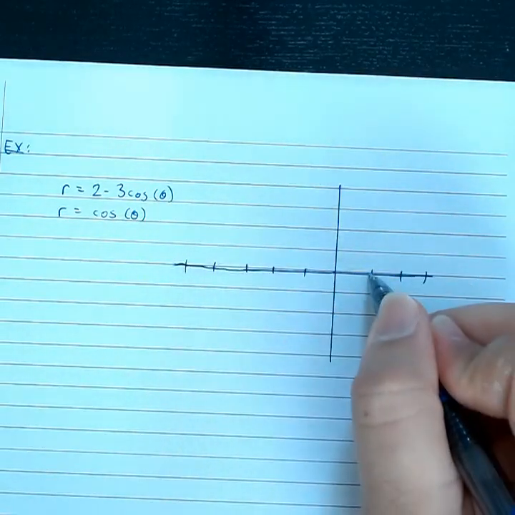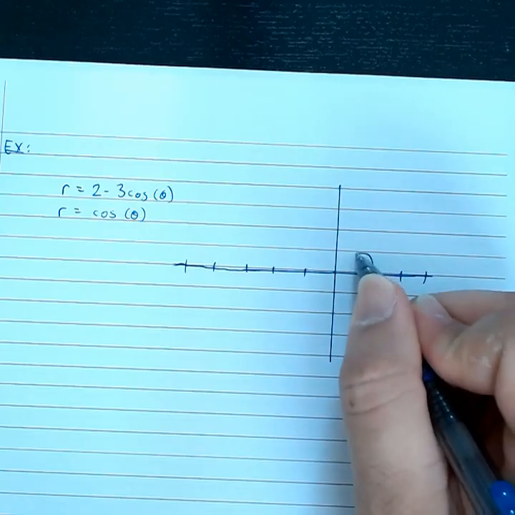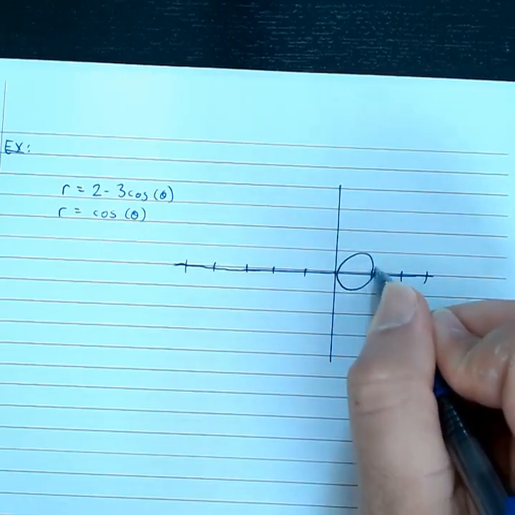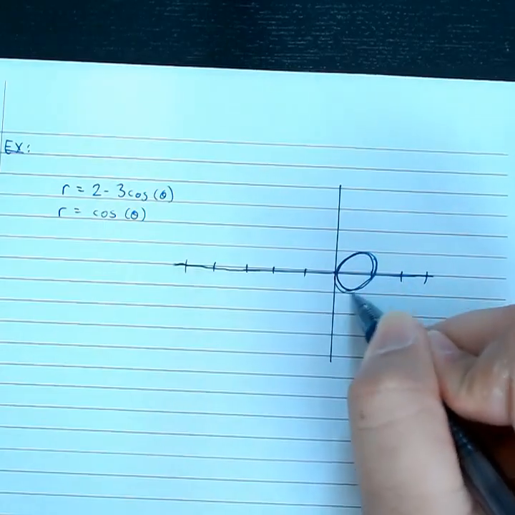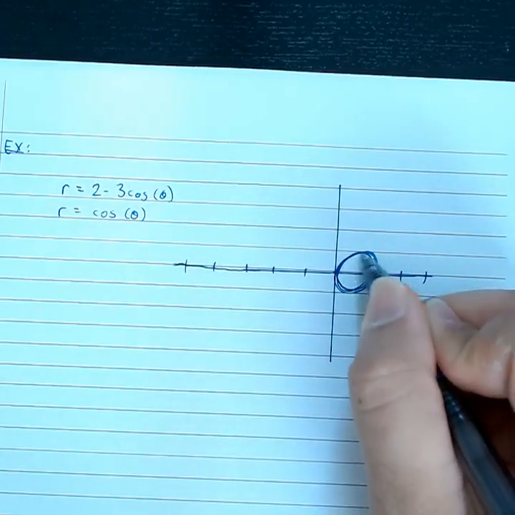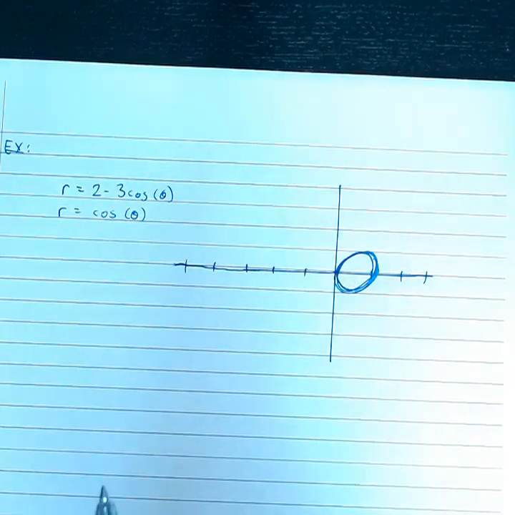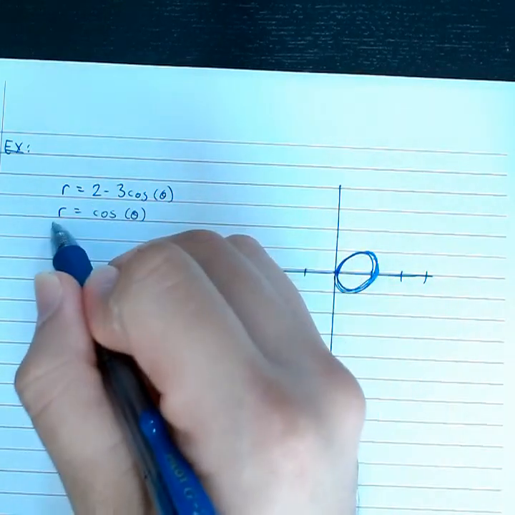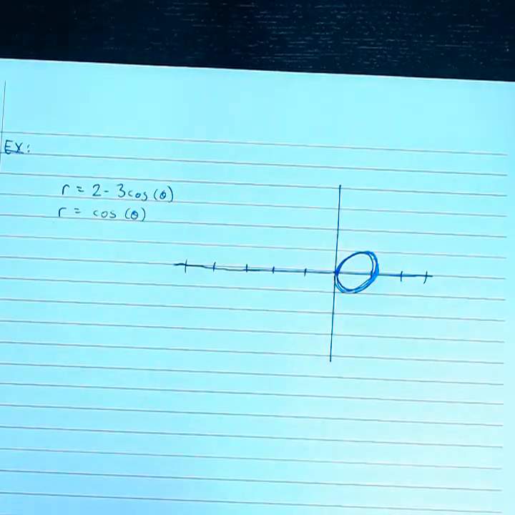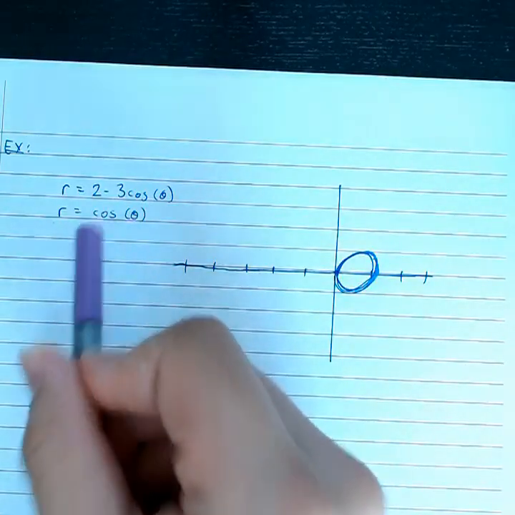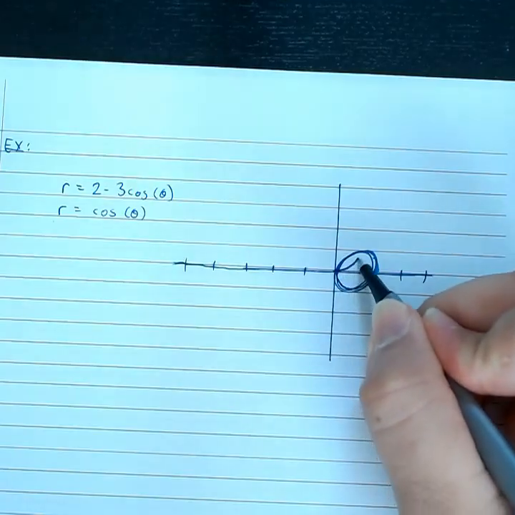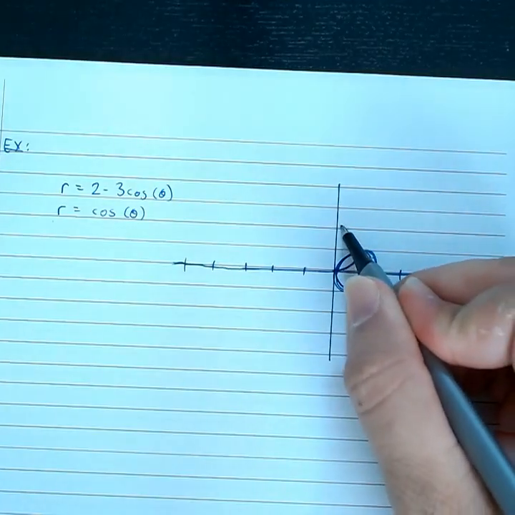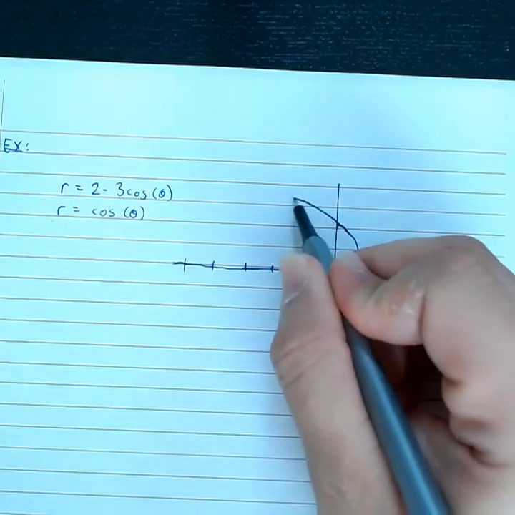Okay, so here we have a small circle. It has not a radius, it has a diameter of 1, I should say. It has a diameter of 1, and it touches the pole right here. So that's this curve here. Now we have another curve. That's this one. This is a limaçon, and it'll look something like this if we graph it out. And it'll go up and out.